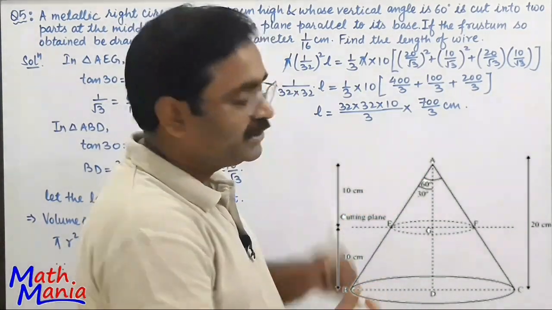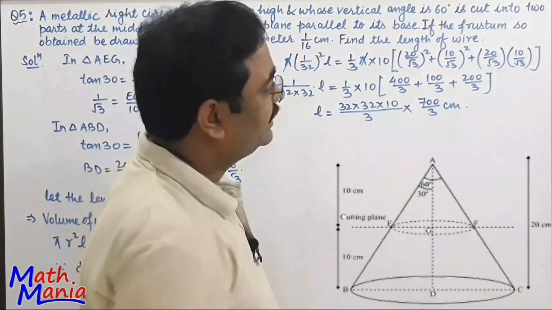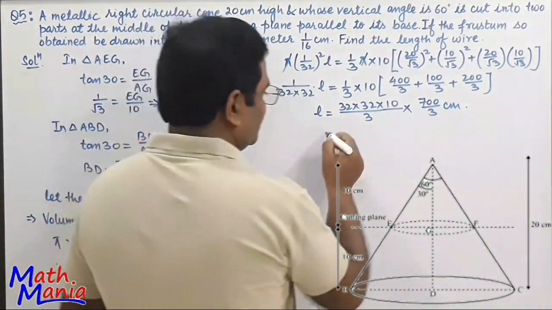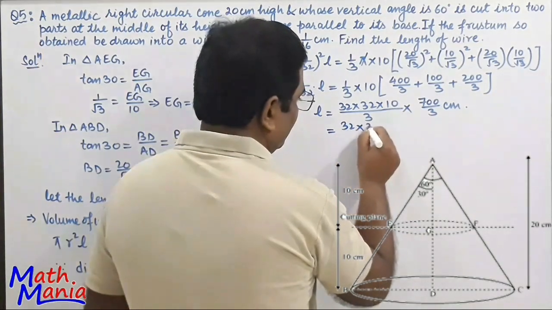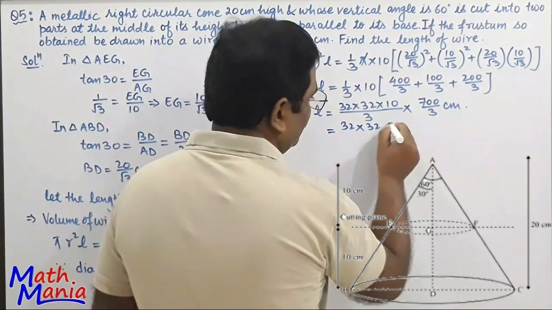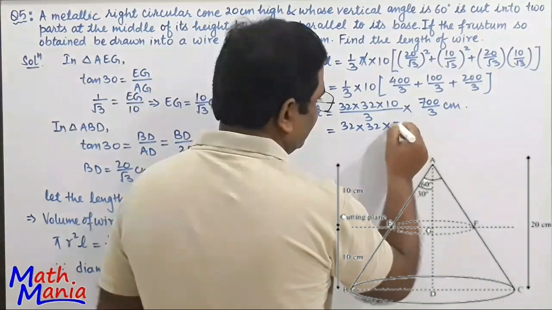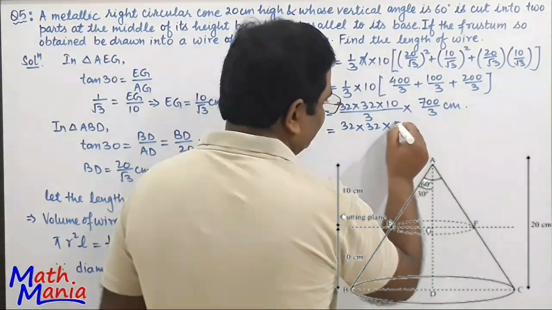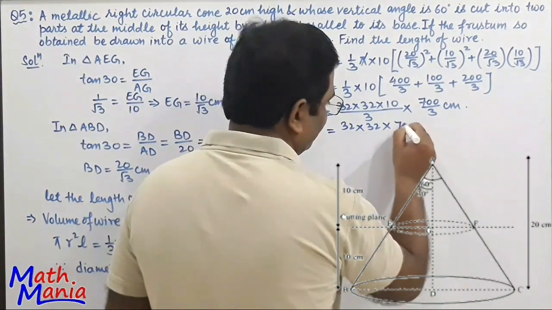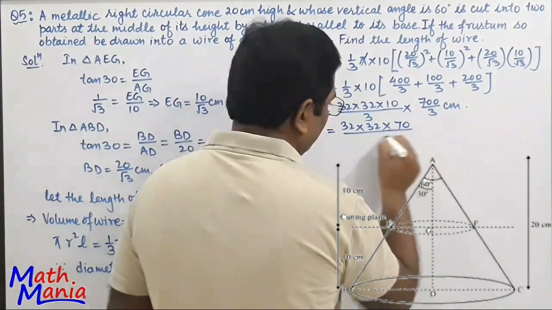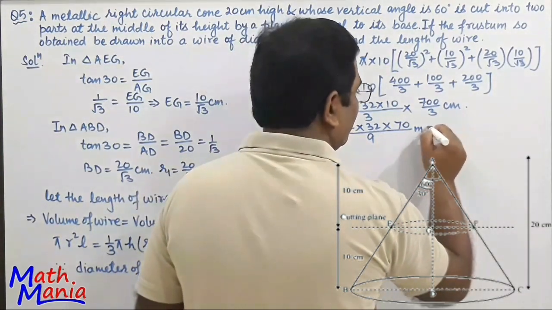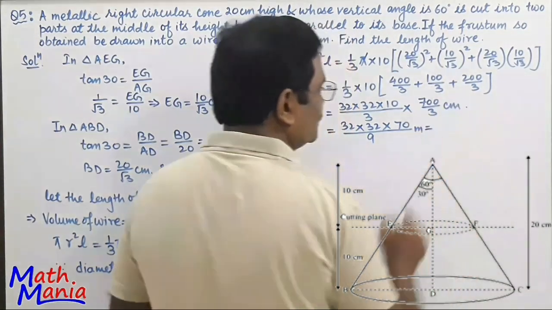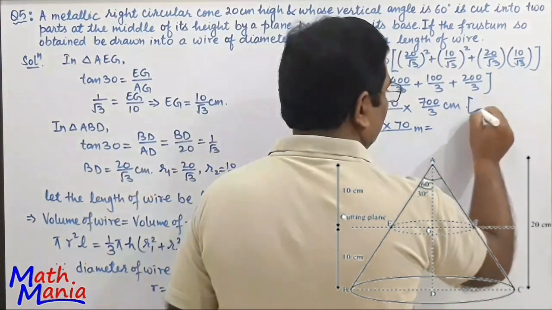Now we can convert it into meter by dividing by 100. So it can be written as 32 into 32 multiplied by 70 upon 9 meter, since 1 meter is equal to 100 centimeter, as you know.